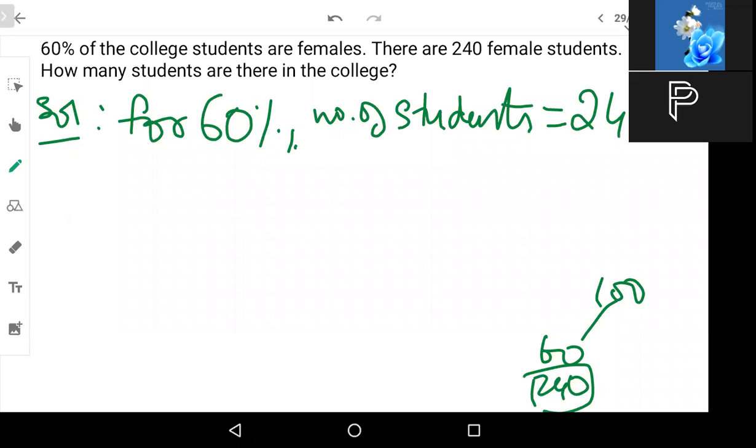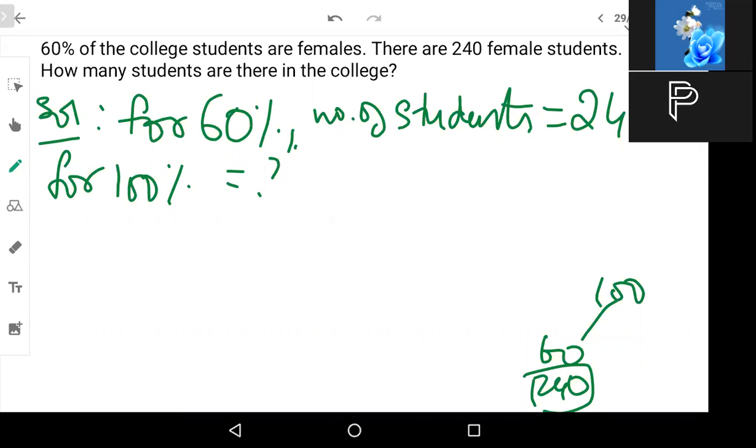Correct? Now, first let us find out for 100%. How much for 100%? Then we will be able to derive the total amount. So for 100%, how do we calculate? Just do the cross multiplication.